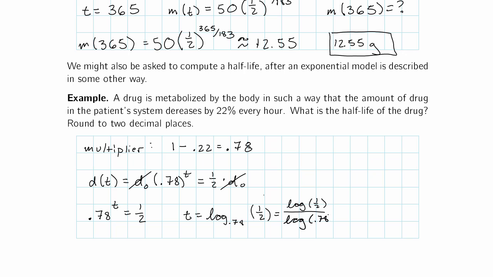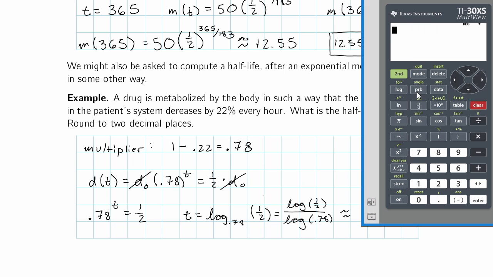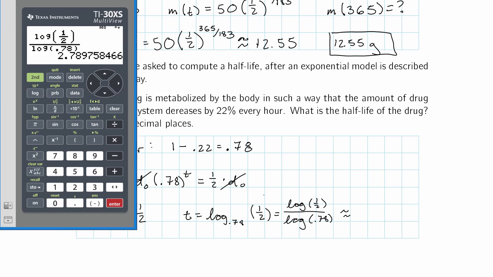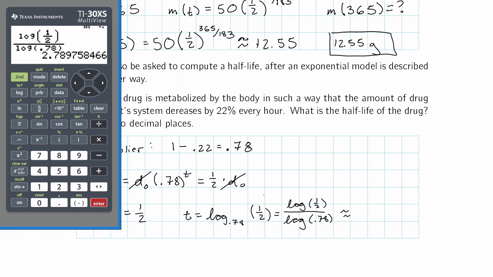of 0.78. Again, we're told to round to 2 decimal places, so we'll say log of a half over log of 0.78, and we get about 2.79.